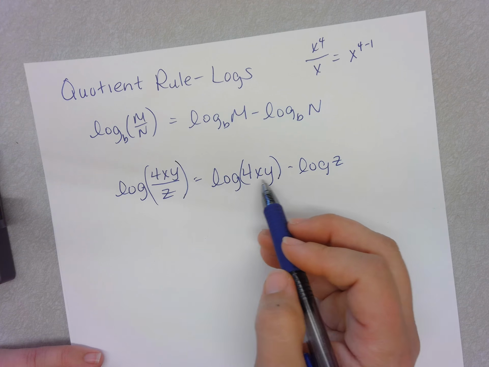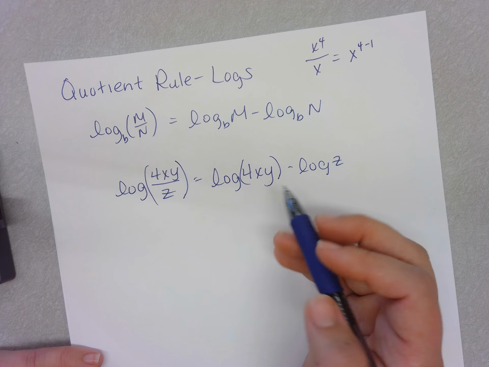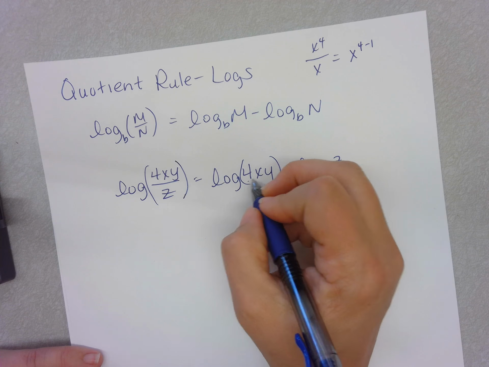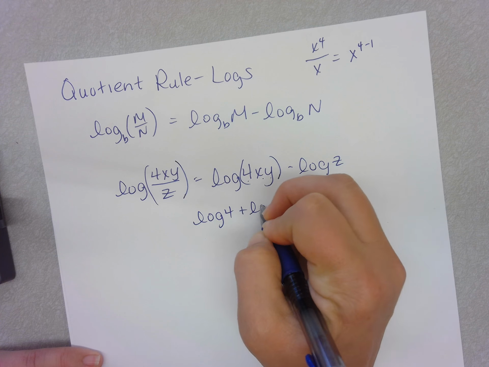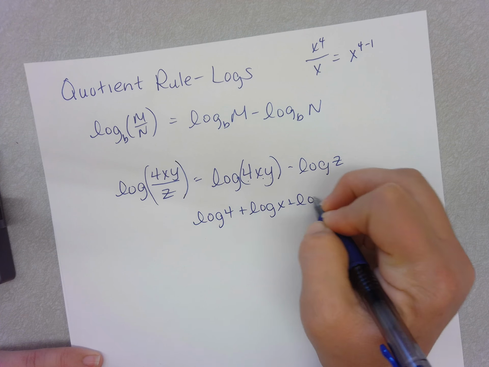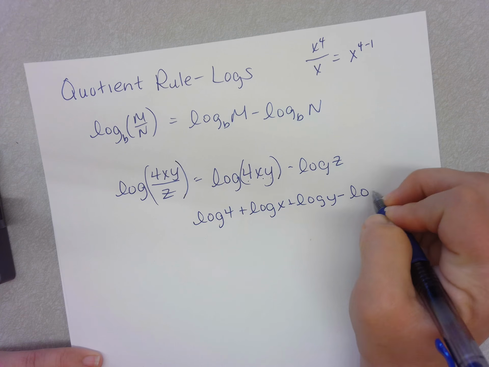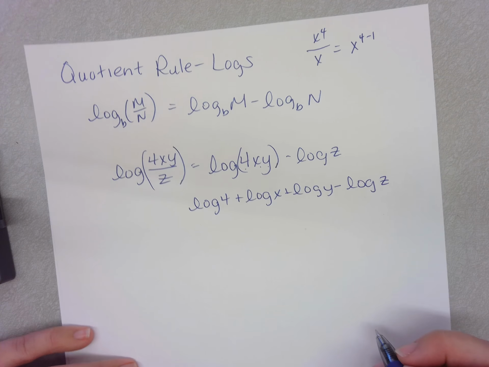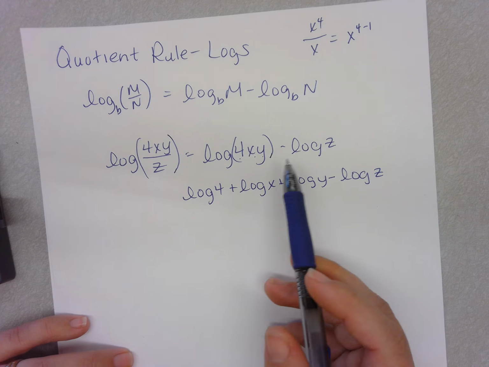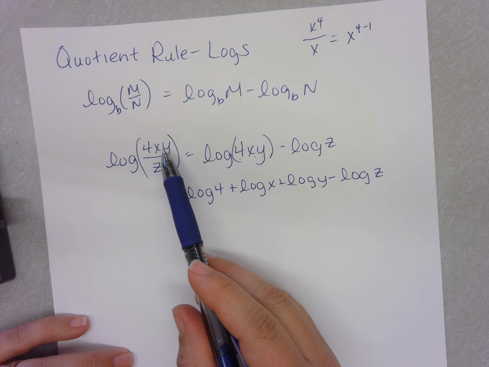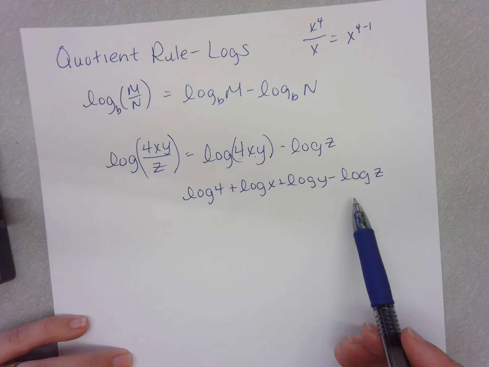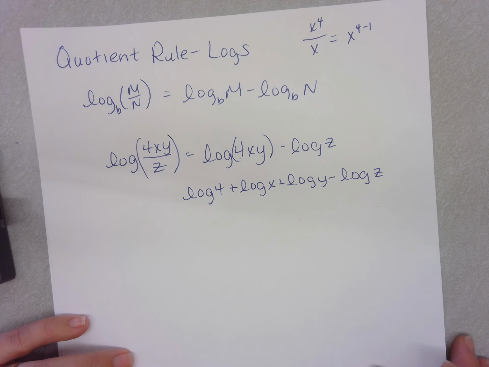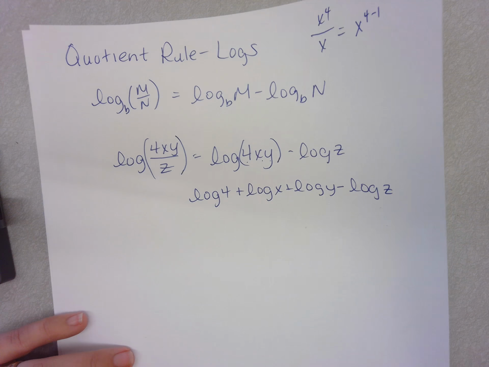And now I also have a product in here, so if I wanted to expand it all the way, I have this times this times this, so I could say the log of 4 plus the log of x plus the log of y minus the log of z. So it's maximum expansion, right? I have these multiplied together, so they end up as pluses, and this one is in the denominator, so it ends up getting subtracted.